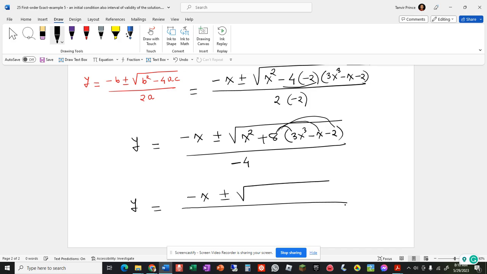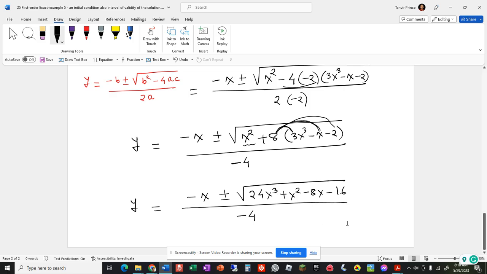I'm going to write the inside from the higher exponent to the lower one. So I'm going to write this 24x cubed in the beginning, and then plus x squared, and then minus 8x, and then minus 16, divided by -4.